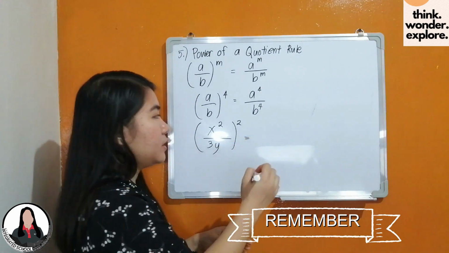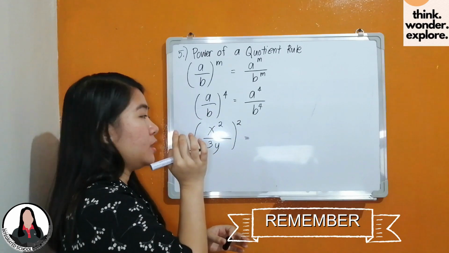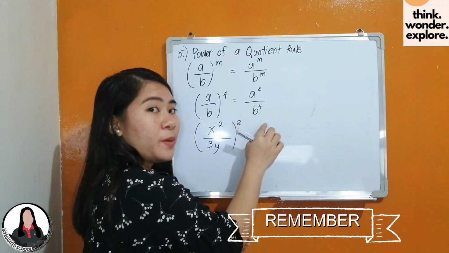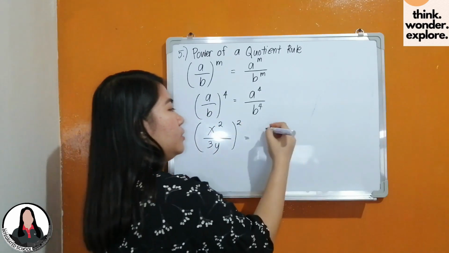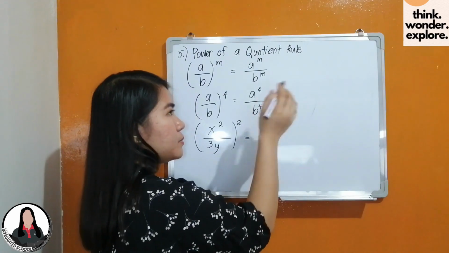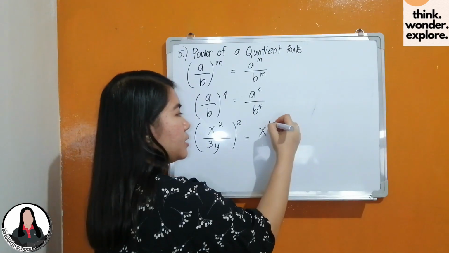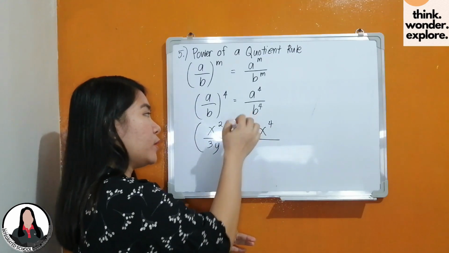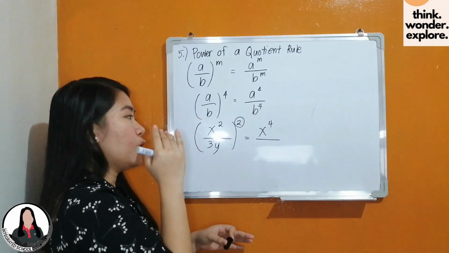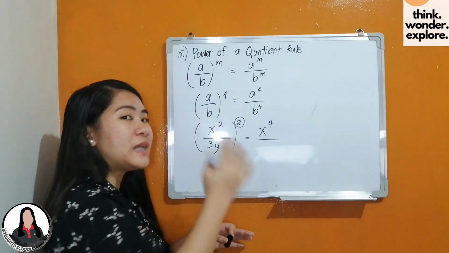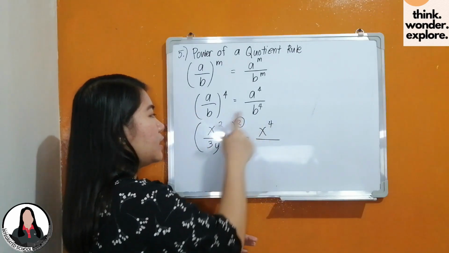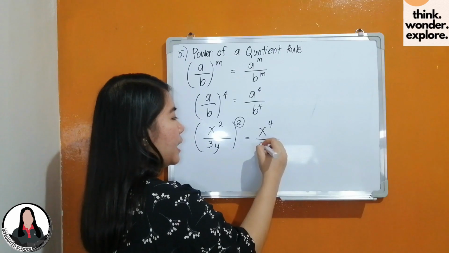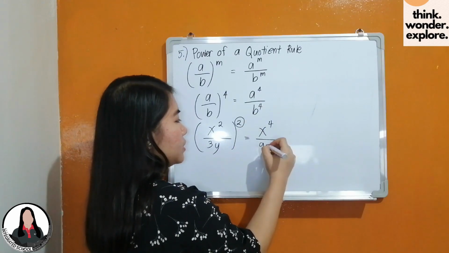So, ang gagawin lang natin is we just have to multiply the power to another power. So, power of a power rule yun. That's x squared raised to 2. So, that is x raised to 4 all over. I-distribute natin yung exponent sa lahat ng factors or sa numerator or denominator inside the parentheses. So, that is 3 raised to 2, that is 9. Then, y raised to 2, that is y squared.